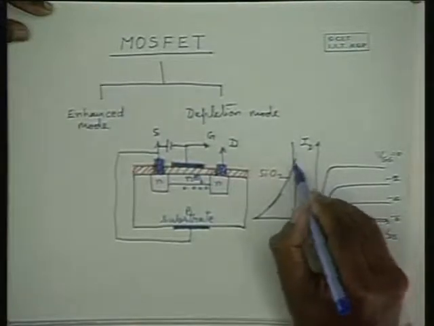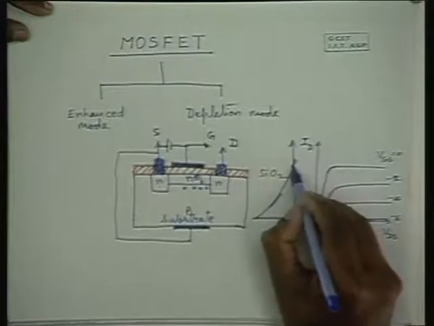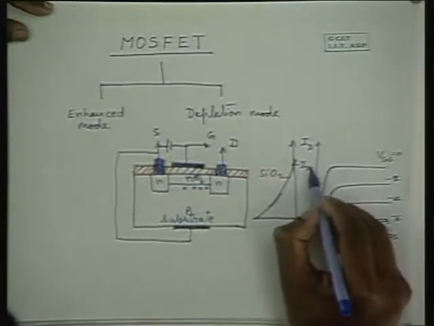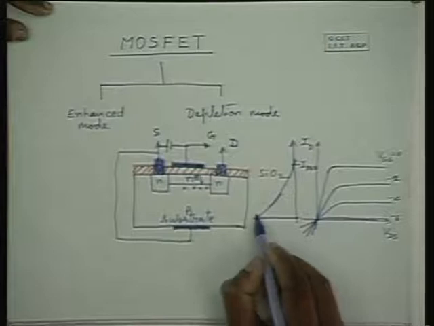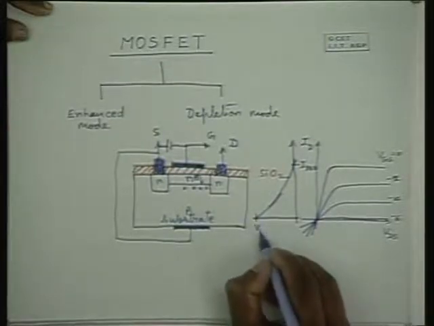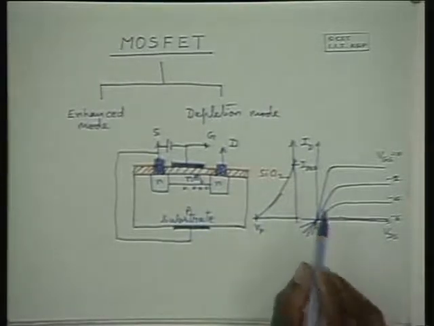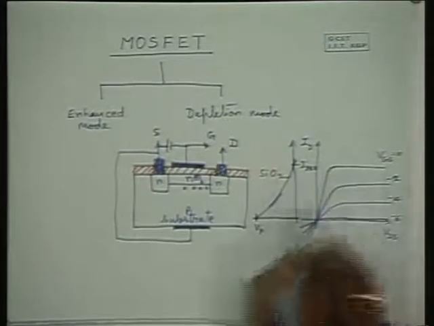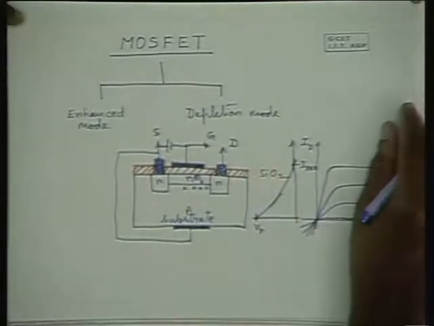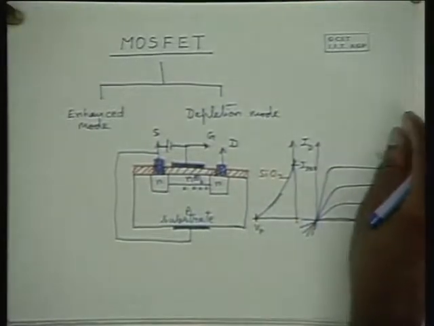ID is IDSS, and at the pinch-off voltage, it goes down to 0. So this is what the characteristics of a depletion mode MOSFET is.